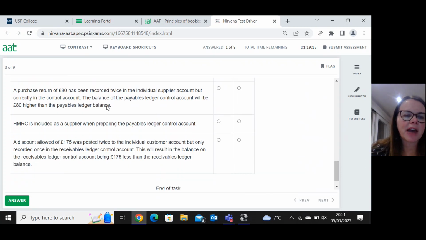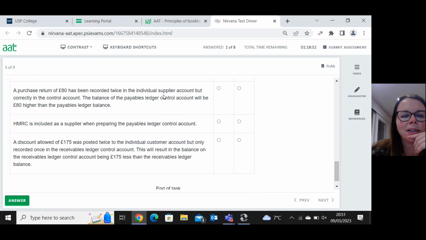A purchase return of £80 has been recorded twice in the individual supplier account. A purchase return will reduce the amount that we owe in the supplier's account, so we've reduced it by too much.